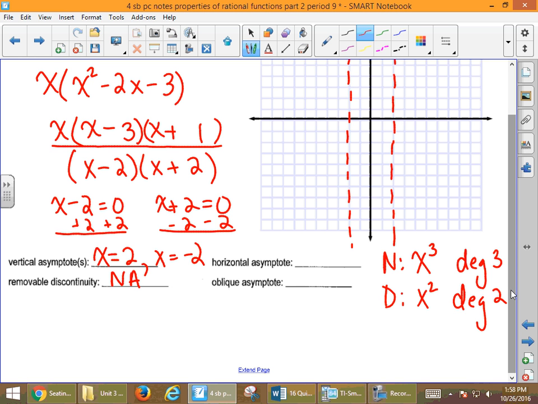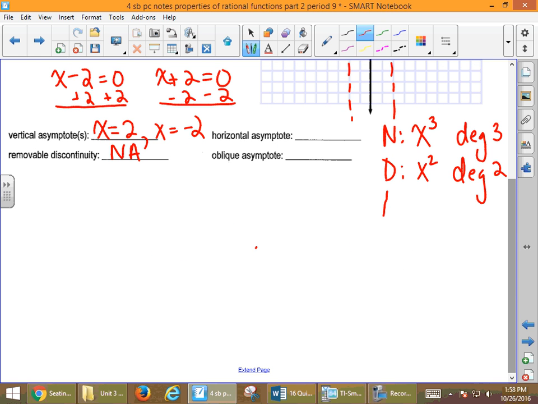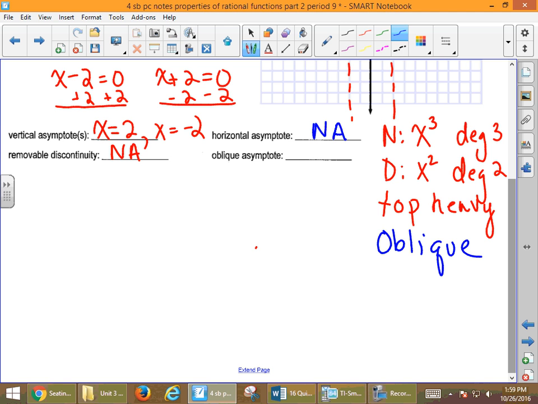So 3 is bigger than 2, so we have a top heavy. And top heavy, if we look back at our chart on the front page of our notes, means that we have an oblique. So no horizontal on this one. We have an oblique.